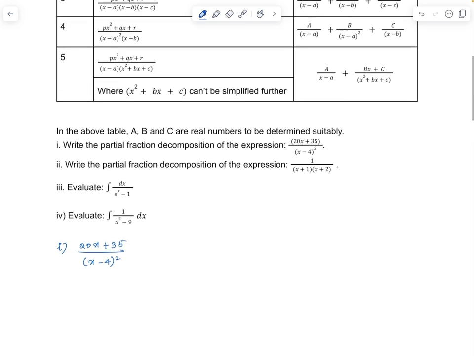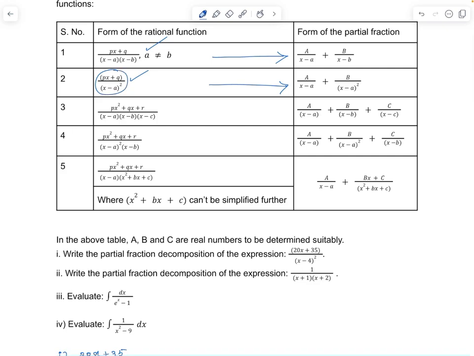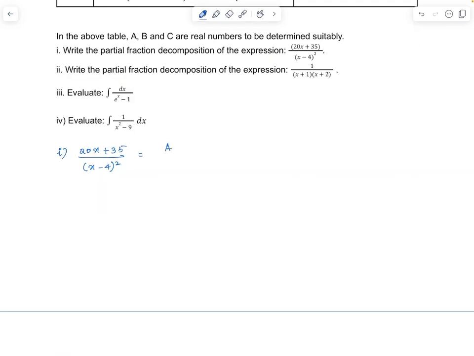Now this is of the form px plus q upon x minus a the whole square. This can be rewritten as A upon x minus 4 plus B upon x minus 4 the whole square.